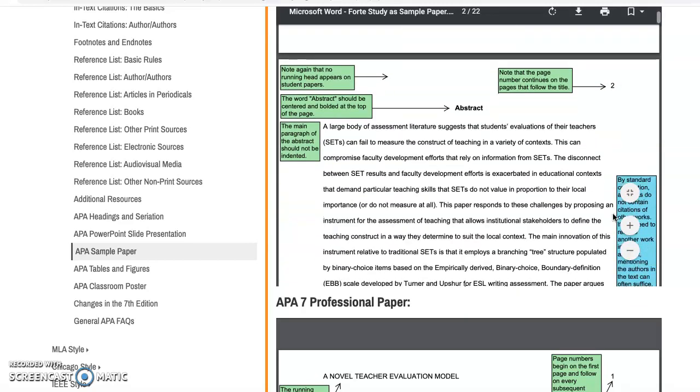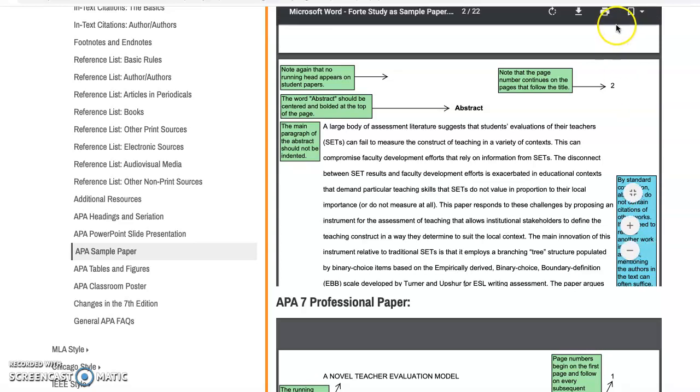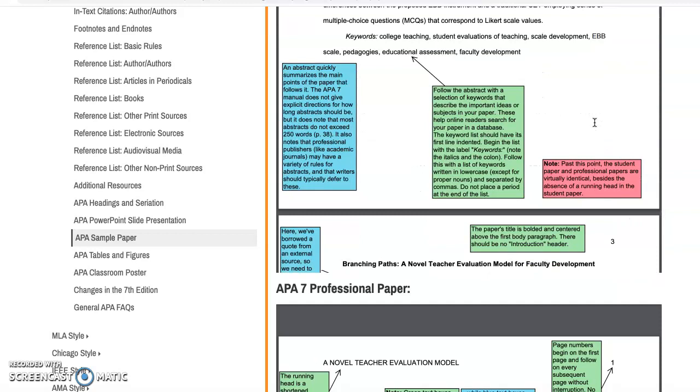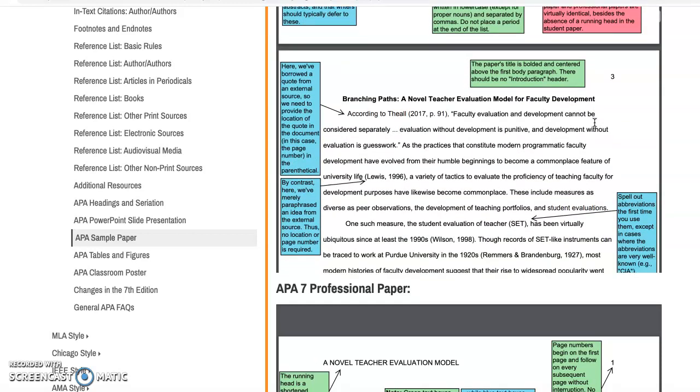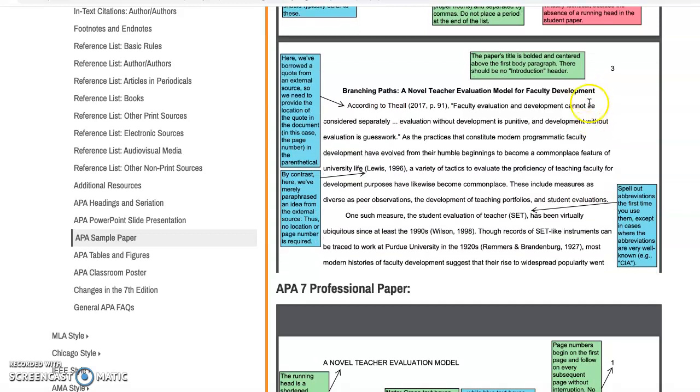As we continue going, you'll notice we have the abstract. There's no running head if it's a student paper. So if you don't want to include that running head, that's not necessary. It has the abstract. Here's where we begin with the actual paper itself. So we have the title. And again, I misspoke before.